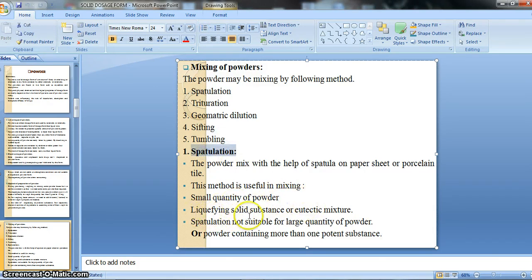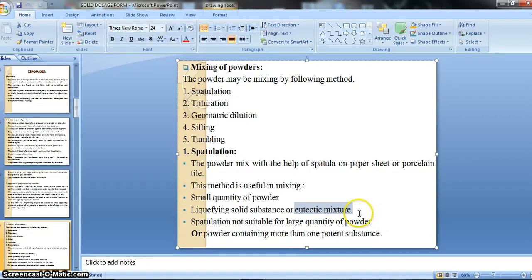Then liquefying solid substances or eutectic mixtures. If our powder ingredient is of liquefying character, or is a eutectic mixture, then also the spatulation method is suggested. You know the eutectic mixture: substances with lower melting points which, when mixed together, liquefy or make a soft mass.